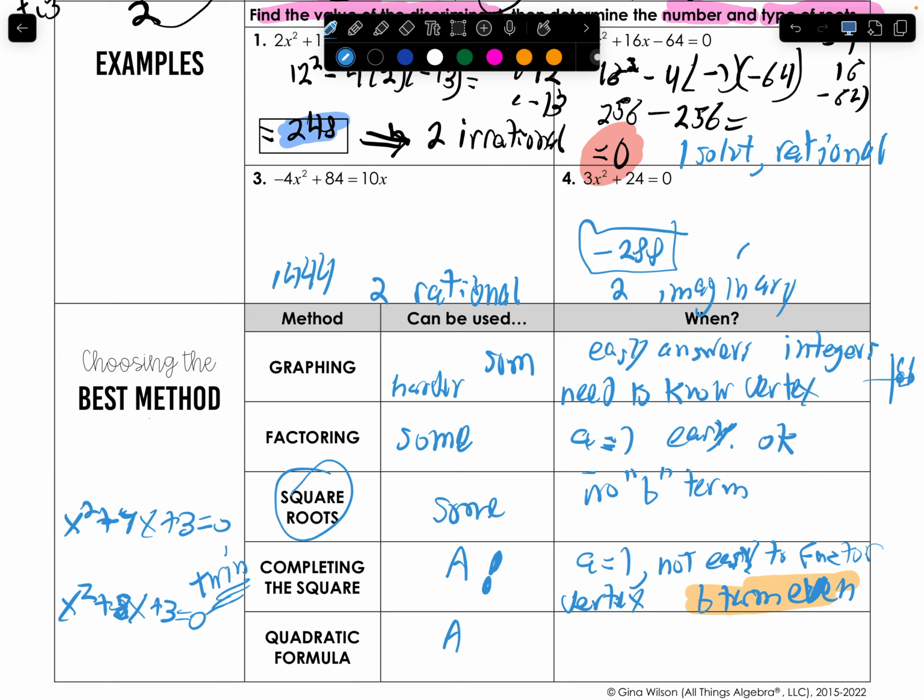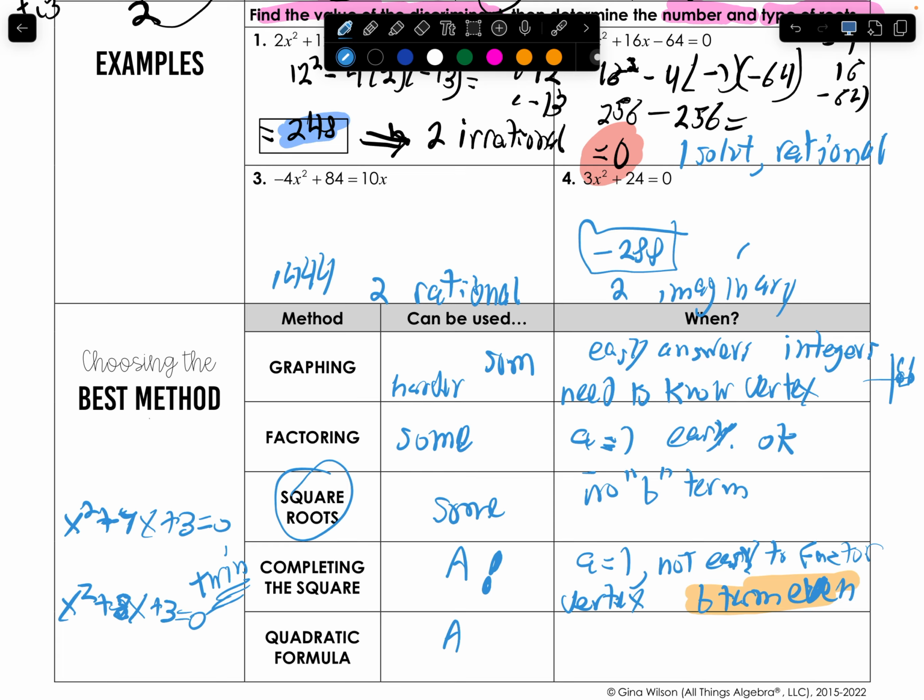It should be obvious to you now that the top one would be hard to complete the square, whereas this bottom one, because it's got an even number for the b term, 8, you divide it by 2, and then square it, you get 64. So you add 64 to both sides. So this one's easier to do because it's an even number. That one's a pain in the butt. It would be 7 over 2, it would be 3.5, and you have to add 3.5 squared to each side.